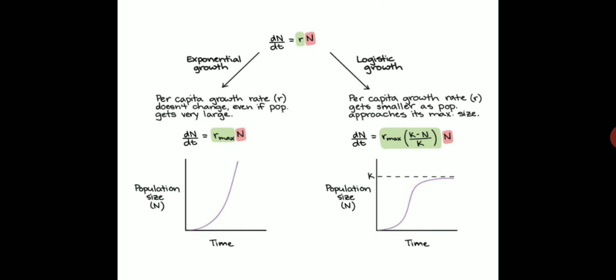So the equation for logistic growth can be modified by multiplying the exponential rate of increase, that is rN, by (K minus N) divided by K. The term (K minus N) divided by K indicates how much of the resources are still available to the population.